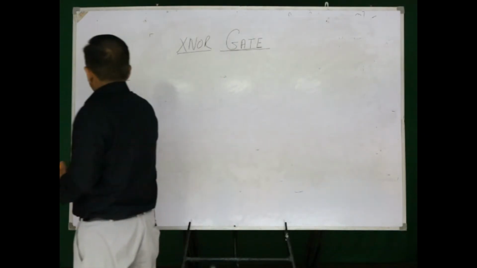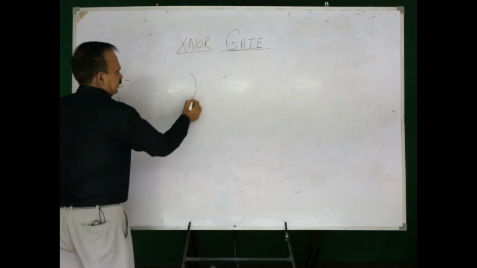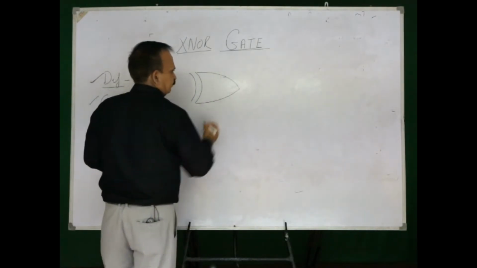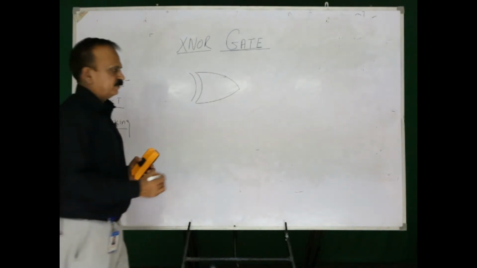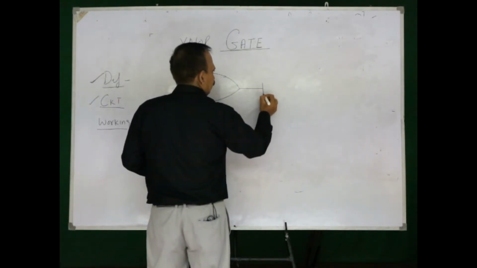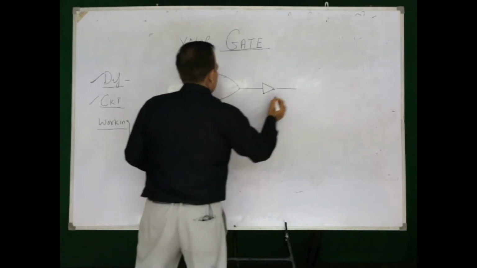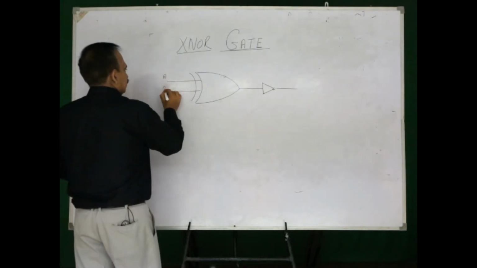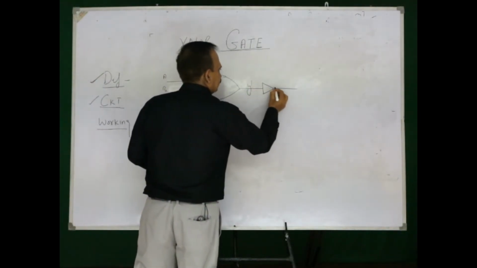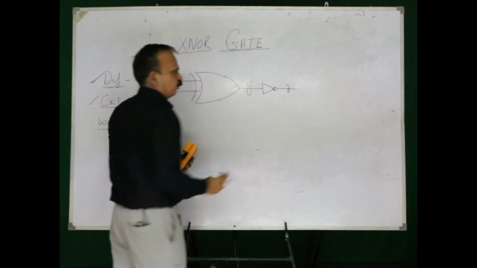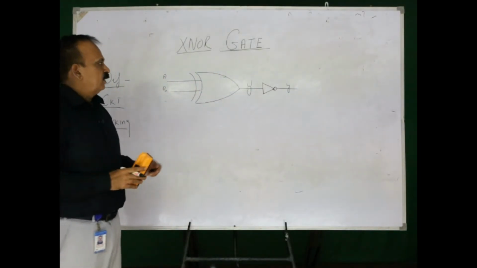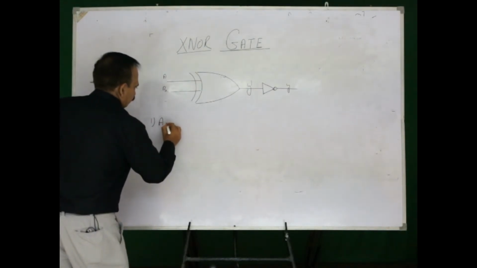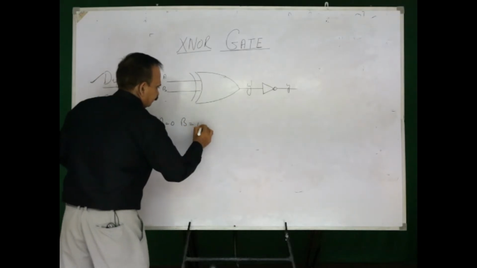Now, after definition it is circuit. So, circuit is simple. This gate, I hope this is XOR gate, exclusive OR gate. Now, this followed by NOT gate. This is nothing but XNOR gate. A, B, this value is Y dash and this value is the final output Y. Again 4 cases, A is equal to 0, B is equal to 0.